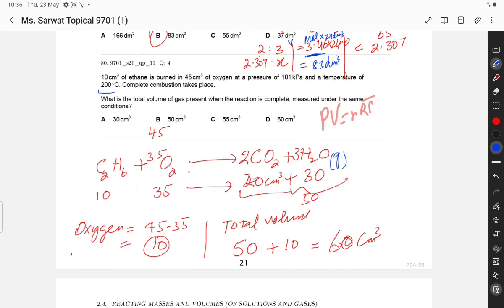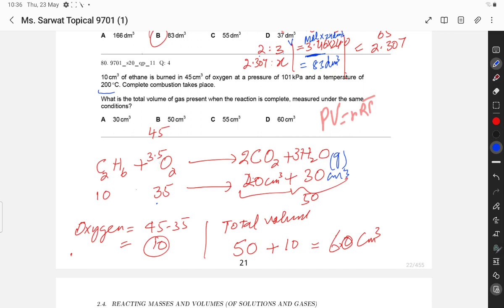Using the mole ratio, 10 of C2H6 gives 20 centimeter cube of carbon dioxide, and the water ratio is 3 moles, so we get 30 centimeter cube of gas. So the total gas of carbon dioxide and water is 50, and the oxygen is in excess. The oxygen given is 45 centimeter cube.